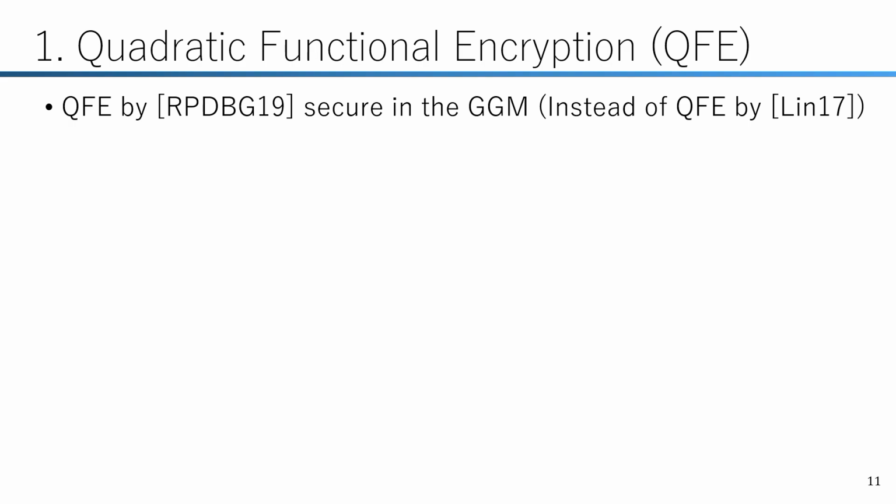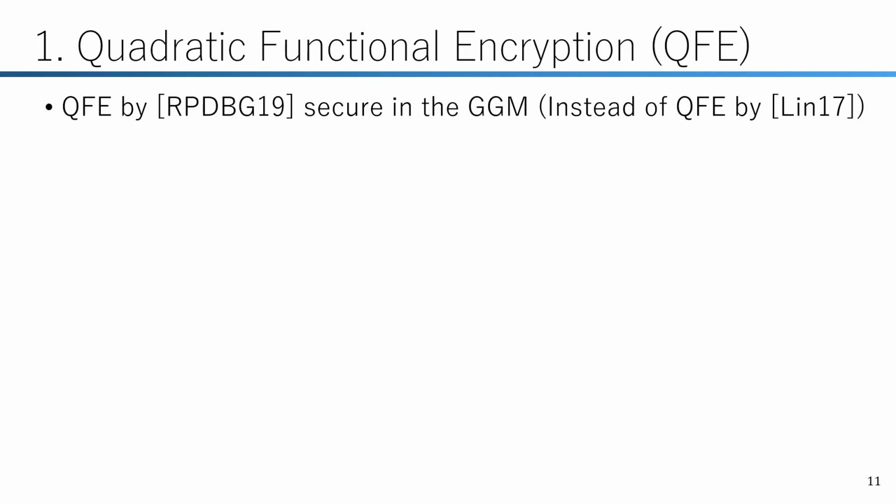I will next explain how to construct our quadratic functional encryption scheme. And actually, our starting point is the quadratic functional encryption scheme proposed by Lin in 2017, which is a standard quadratic functional encryption scheme, so the message length is fixed in the setup phase.